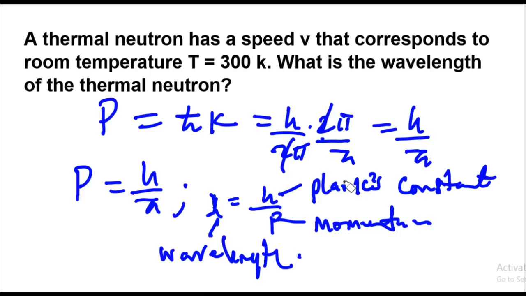So we want to find the wavelength of the thermal neutron. This will be the momentum of the thermal neutron, and this is Planck's constant.